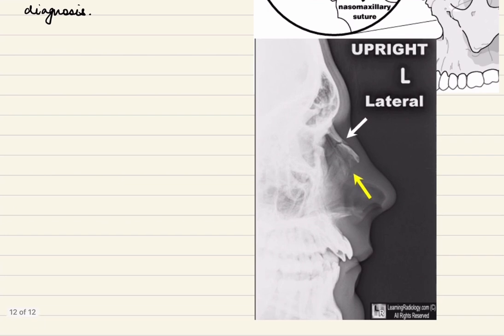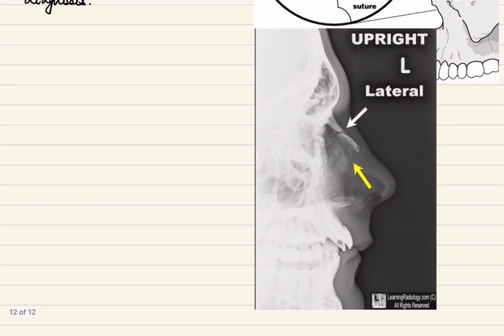As you can see in this X-ray, clearly there is a fracture of the nasal bone. So you don't have to confuse it with the nasofrontal suture. The fracture is usually perpendicular or oblique to the nasal bone, whereas the suture is in a longitudinal plane, usually parallel to the nasal bone.